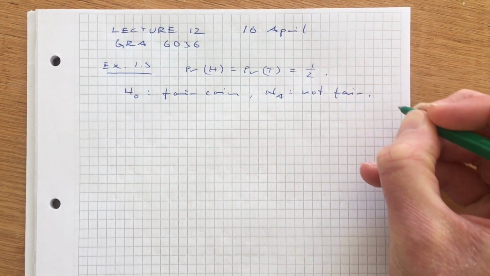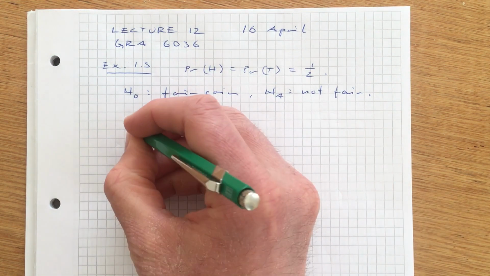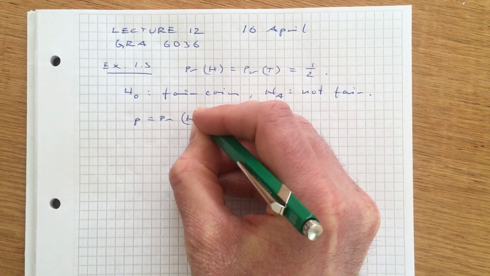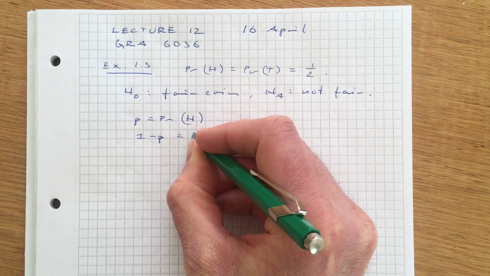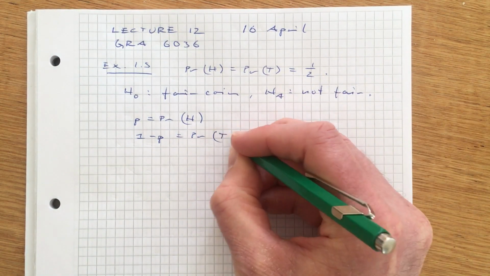It's difficult to translate such a hypothesis into symbols, so let's introduce a symbol, P. We'll let P be the probability of getting heads, and then 1 minus P is the probability of getting tails.